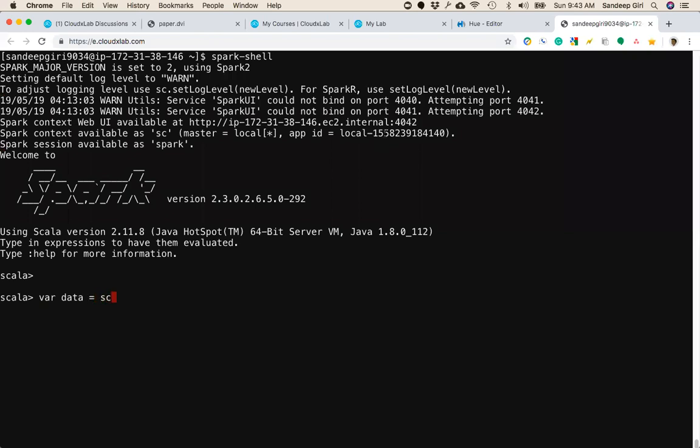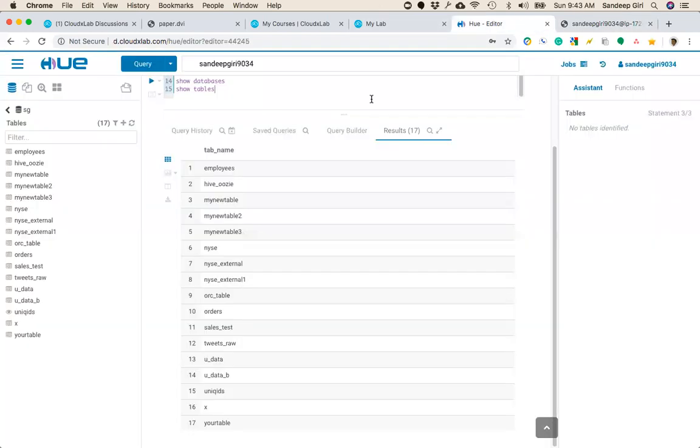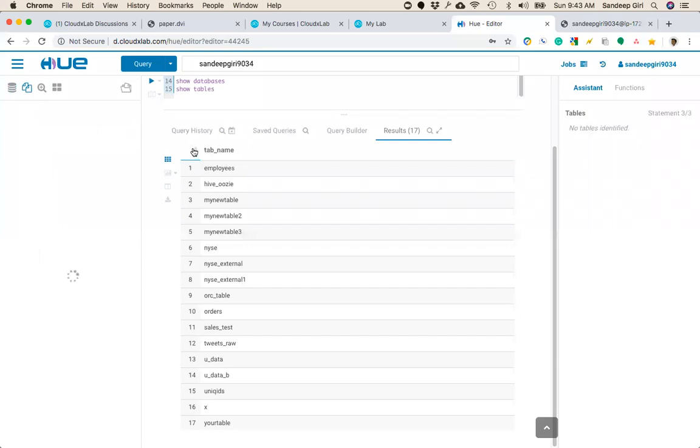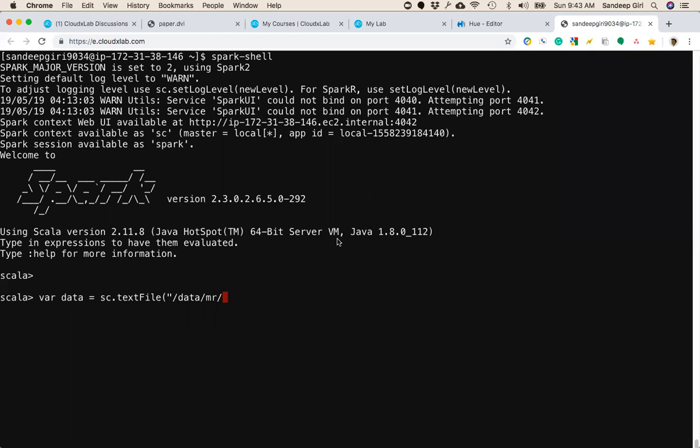I'm using the sc.textFile. I'm trying to load this data from, say, the Hadoop file system. Let me just show you which data I'm trying to load. So what we're trying to do is load some data from HDFS.